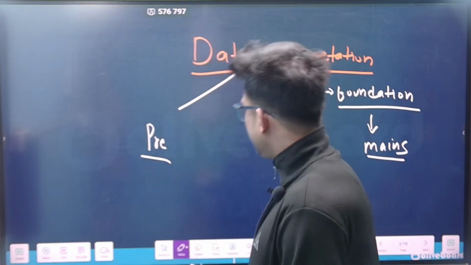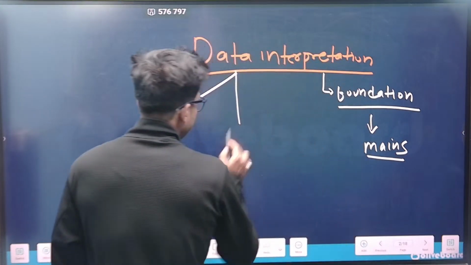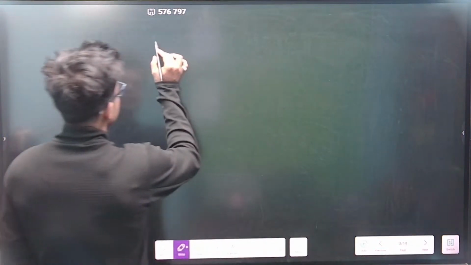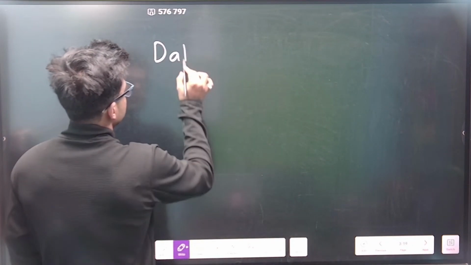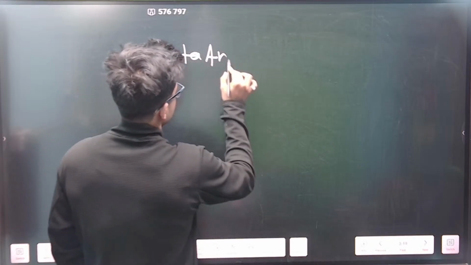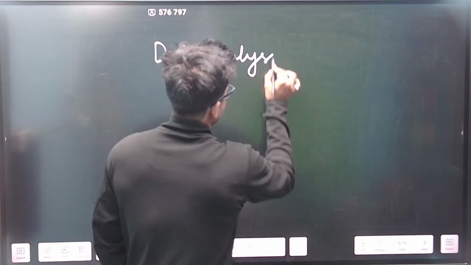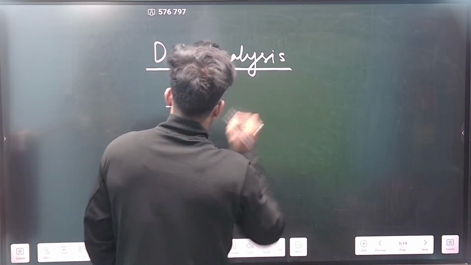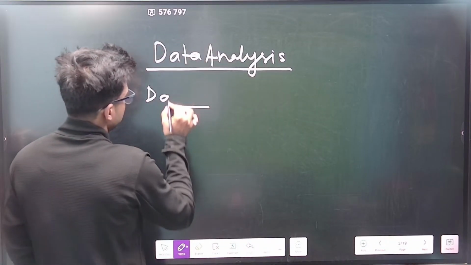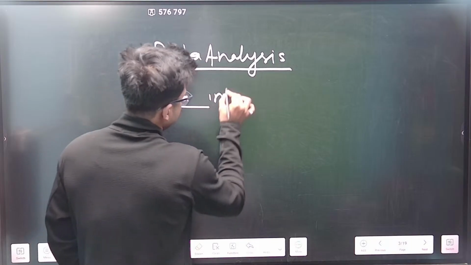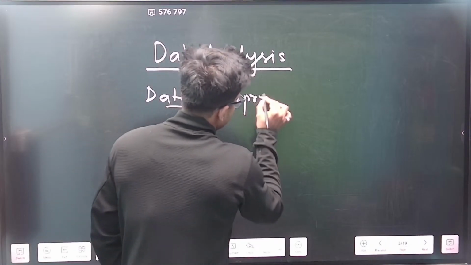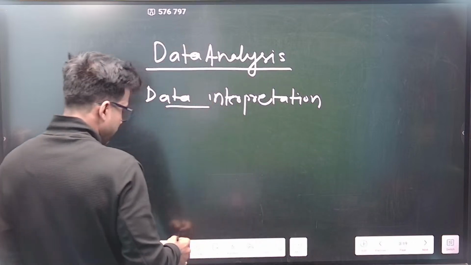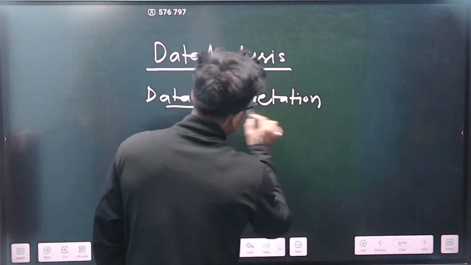Similarly, this chapter is also known as data analysis, which is quite the same. If I talk about data interpretation or data analysis, they both are basically the same. How come they both are the same?